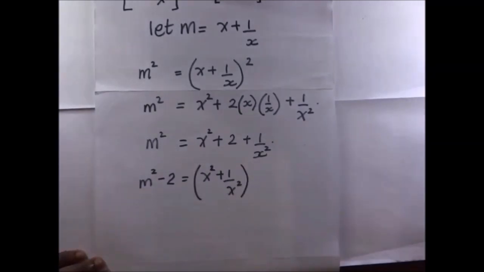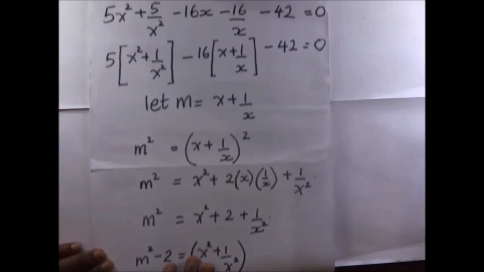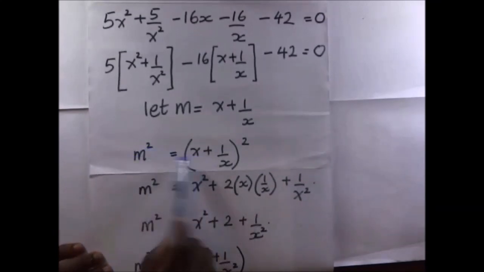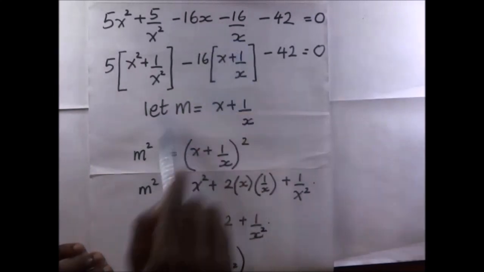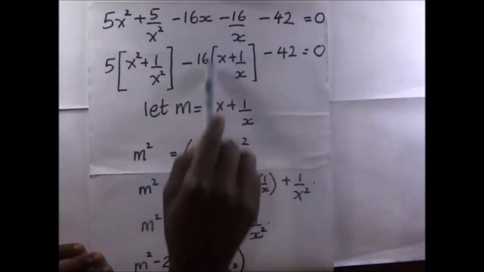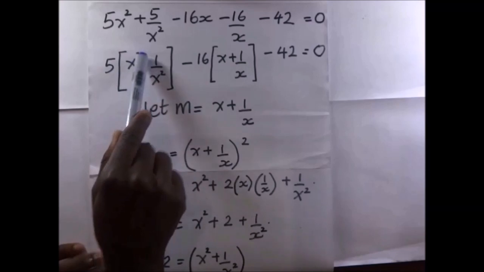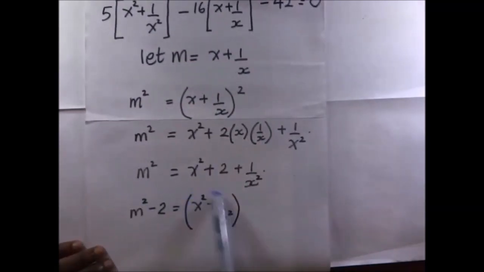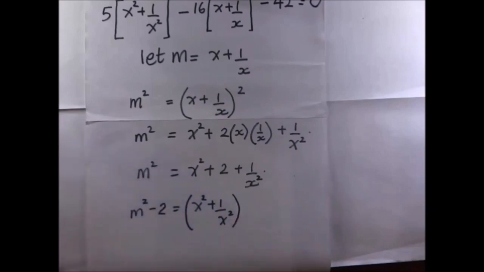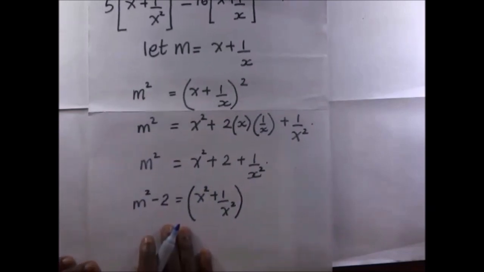So after getting our values of m, here we got m squared minus 2 is supposed to be equal to x squared plus 1 over x squared. So we substitute for this, we put m squared minus 2 in this expression, in place of x squared plus 1 over x squared. And then our equation is going to become like this.